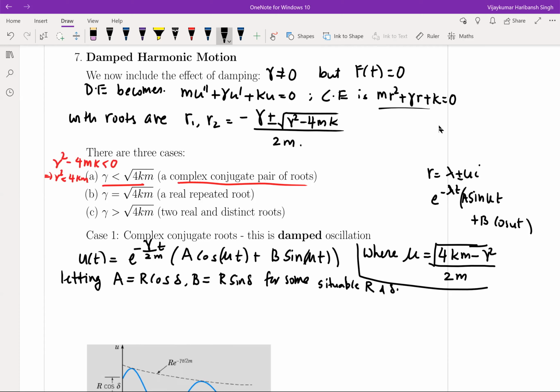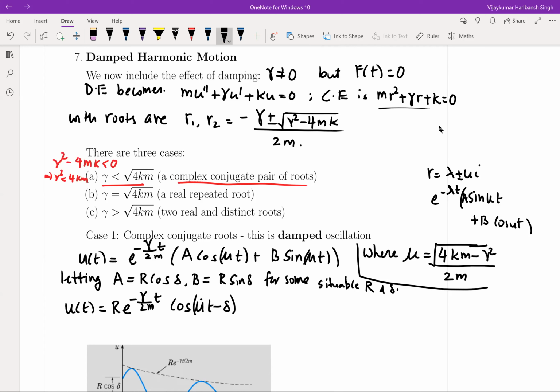We get u of t is r e to the power minus gamma by 2m t times cos of mu t minus delta.